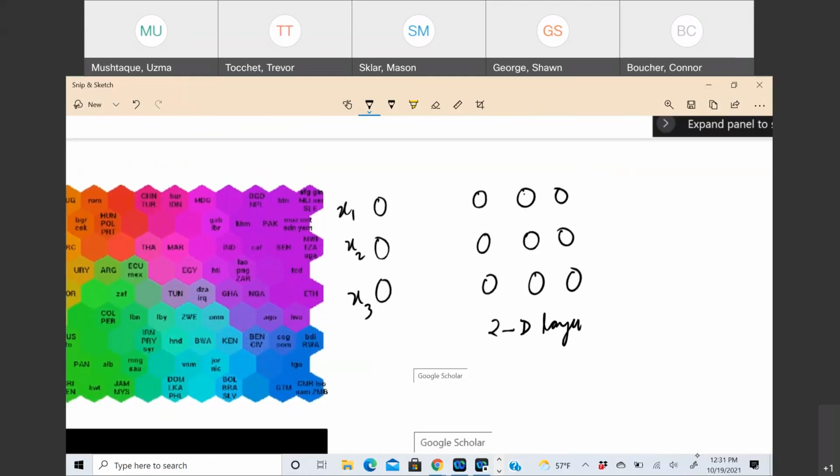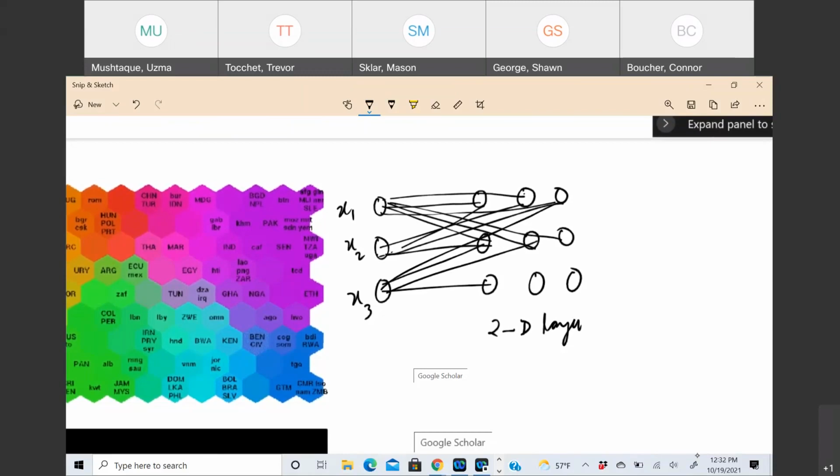So basically, these are neurons that I'm just visualizing like this, right? And what's happening is that this is a fully connected network. That means it's connected to all of the nodes. Similarly, this one is connected to all of these, and so on.